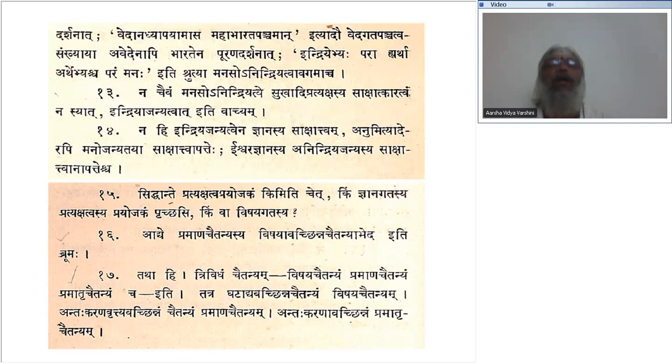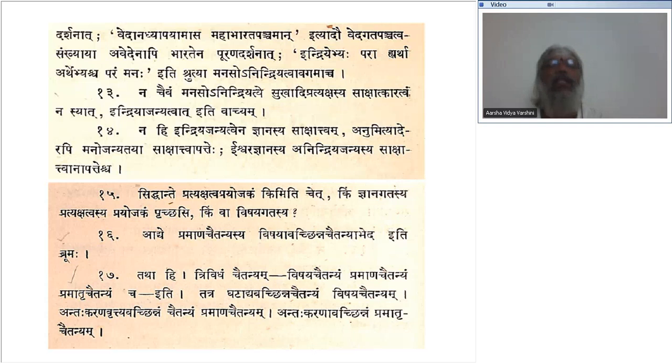Indriyebhyaha para arthaha and arthebhyascha param manaha. So here it is clearly stated that mind is separate from the Indriyas. So this Shruti is our pramana. Manasaha anindriyatva avagamat. Here it is very clearly said.